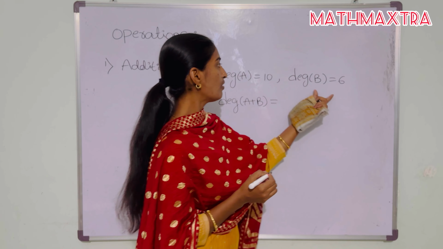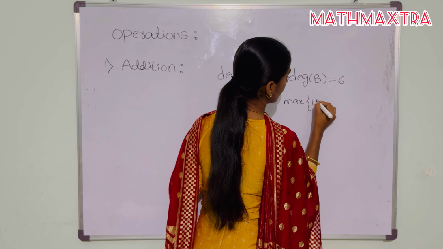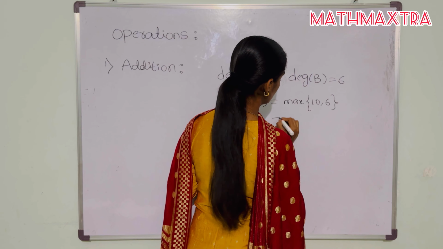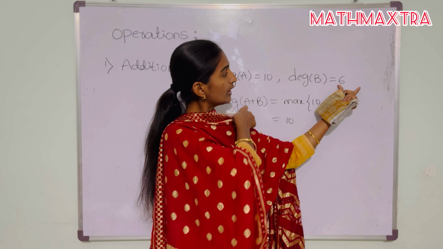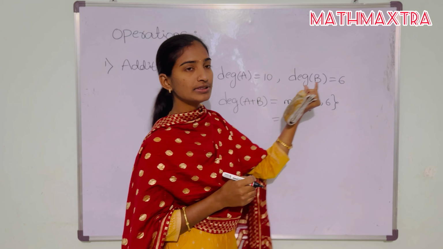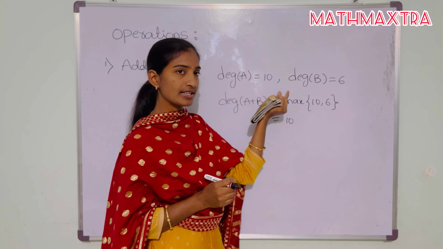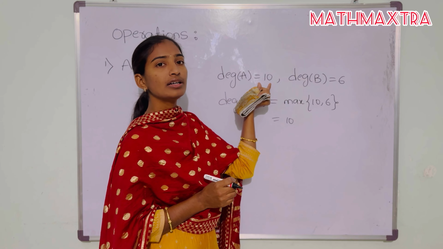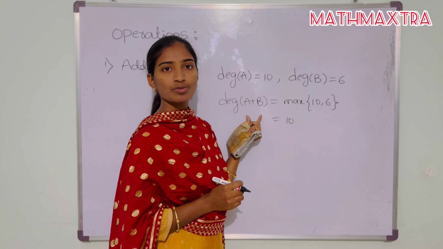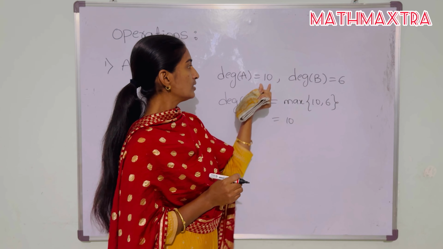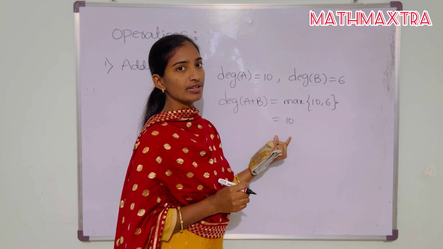So the maximum of 10 comma 6 is nothing but 10. See, even if the 6 degree terms get cancelled, the 10th degree terms are still available in the a plus b expression, right? That is why the maximum of the two degrees will be our answer.